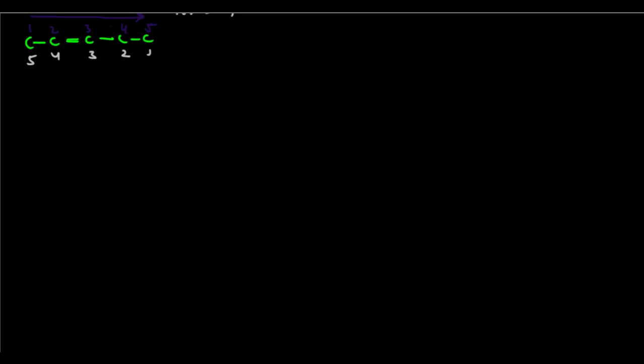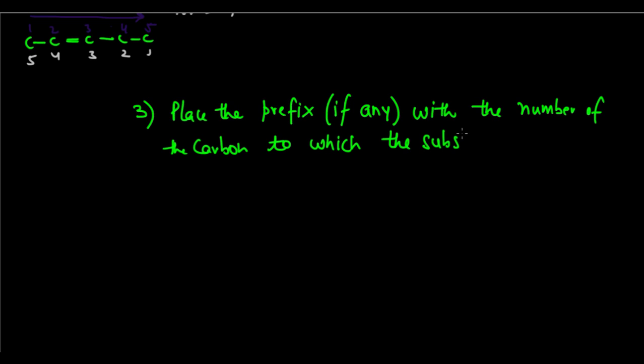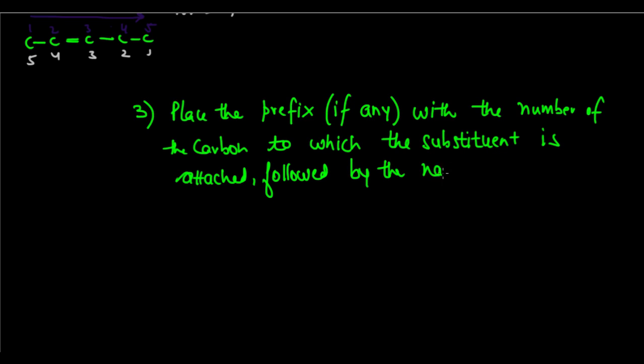The third step which you need to do is, place the prefix, if any, with the number of the carbon to which the prefix, to which the substituent, is attached, followed by the name of the substituent.